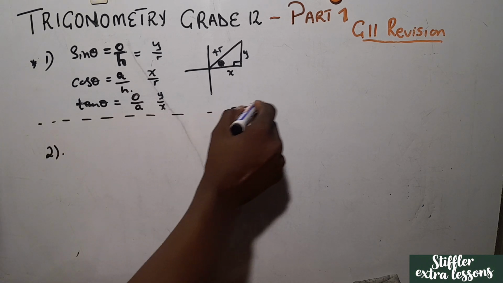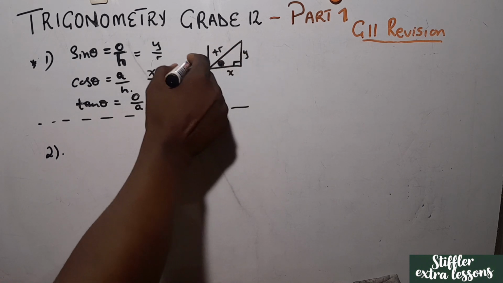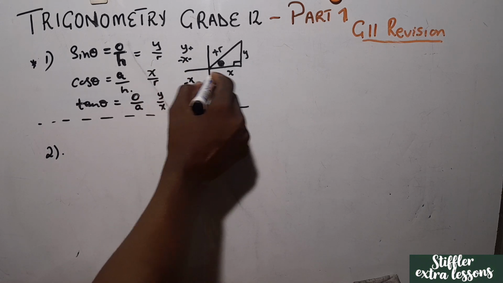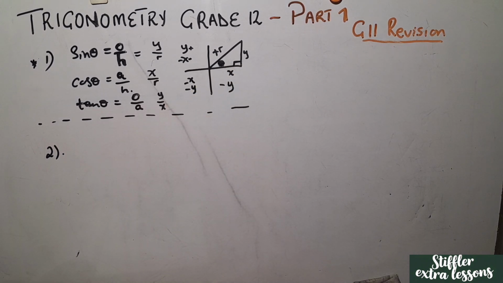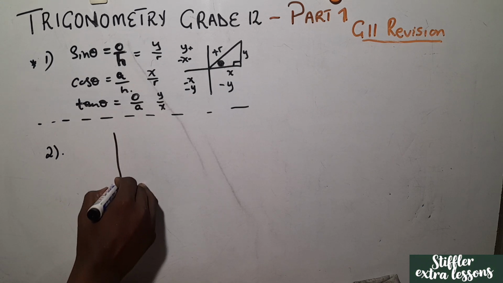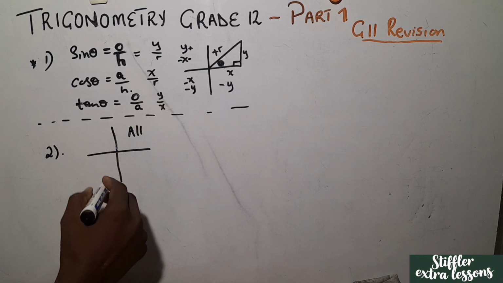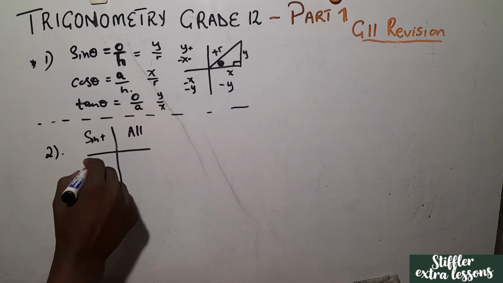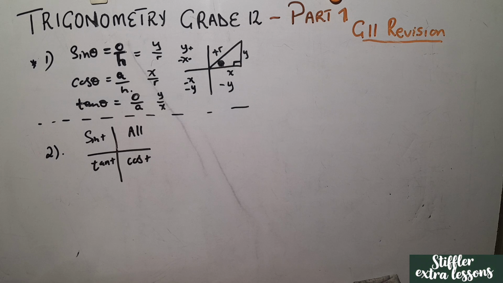From our first tool, we also know that here y is positive. Also in this quadrant y is positive, but x is negative, and here x is negative, y is negative, and here x is positive, but y is negative. So now we have learned that all the ratios are positive in the first quadrant, only sine is positive in the second, only tan is positive in the third, and only cos is positive in the fourth quadrant.